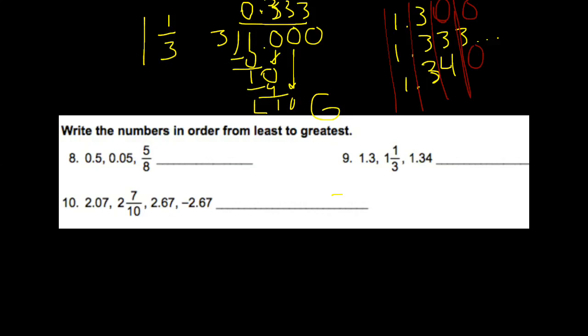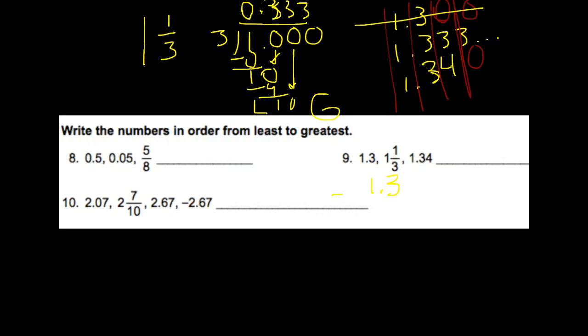In the tenths, they're all 3s. Then in the hundredths place value, I see a 0, a 3, and a 4. So my first number is 1 3/10. I'm going to put a line through it because that was number 1.